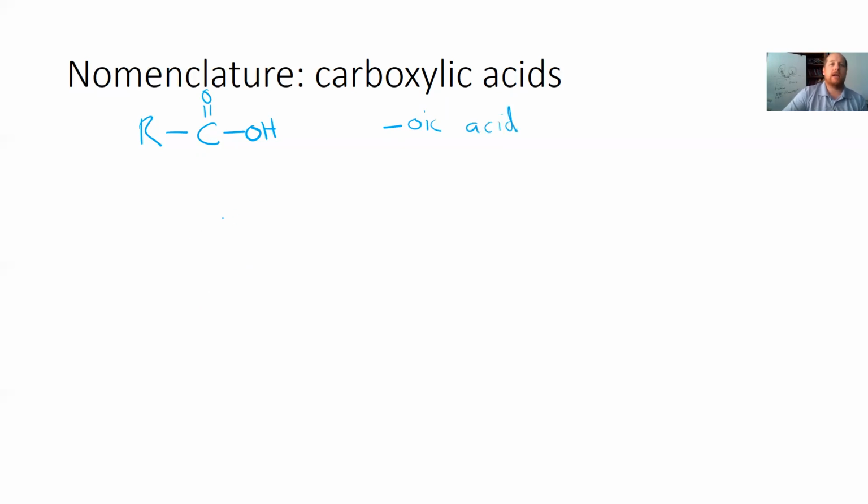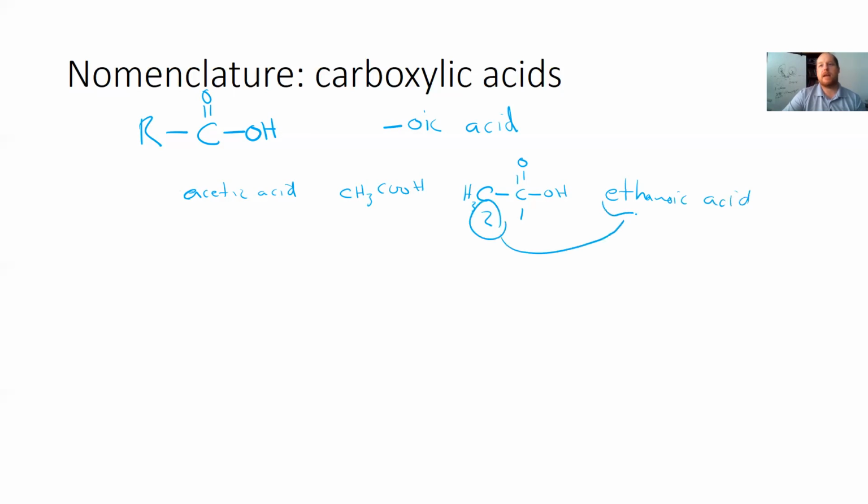If you wanted to look at our good friend acetic acid, which is CH3COOH, we can write it out like that, or like this. There are 2 carbons here, so it's an ethanoic acid.